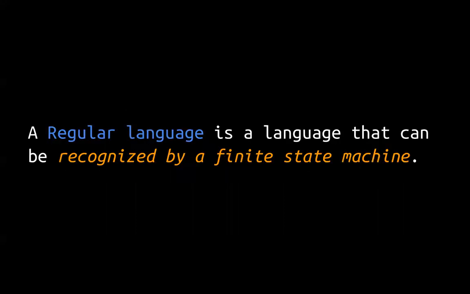Slightly more complex. So let's go back to this definition. Why are we talking about finite state machines? Well, I said that we had to talk about regular languages before we talked about regular expressions, so just trust me on that. A regular language, we said, is a language that can be recognized by a finite state machine. So now that we know what a finite state machine is, let's talk about what it means to be recognized by a finite state machine.